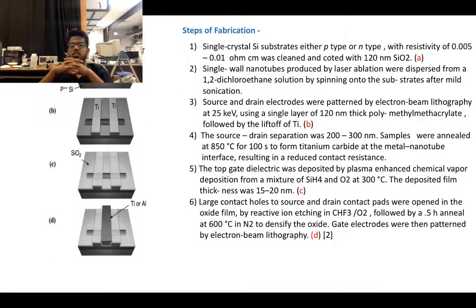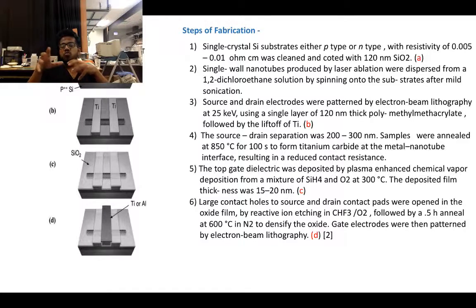Here are the steps of fabrication. You take a silicon wafer, which can be either p-type or n-type depending on the electron concentration, and then you clean it. For cleaning you can use an ultrasonic bath or you can expose it to UV according to your ease, and then you use sputtering to deposit a 120 nanometer layer of SiO2 over the silicon crystal.